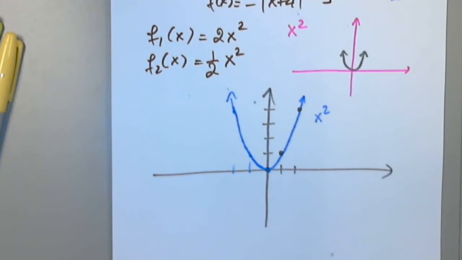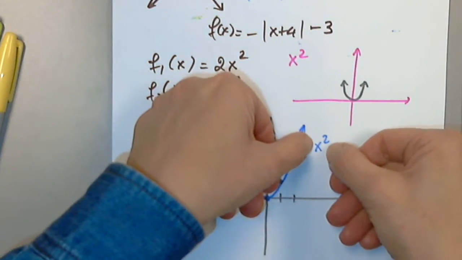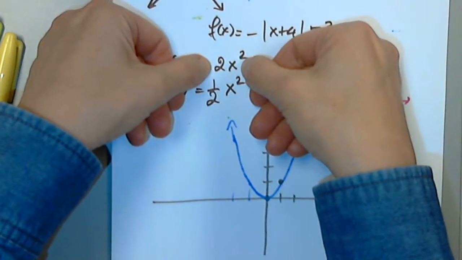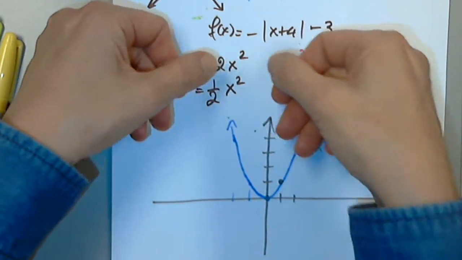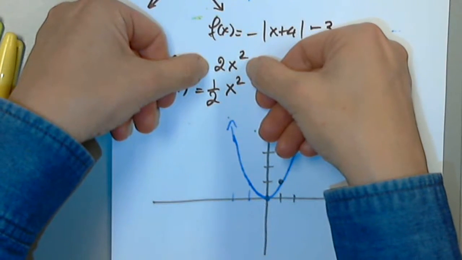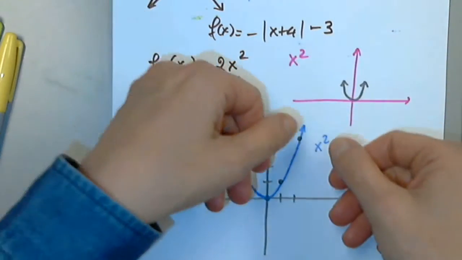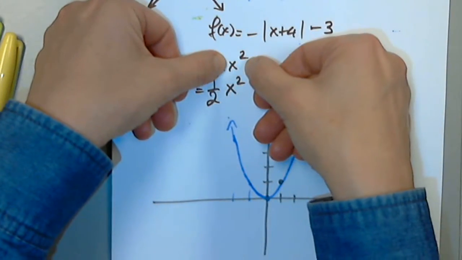Good. So now we analyze in the same way. I have x squared, and here's 2x squared. I can only change x or y. So am I changing x or am I changing y? X. But I have x squared, and I have x squared.